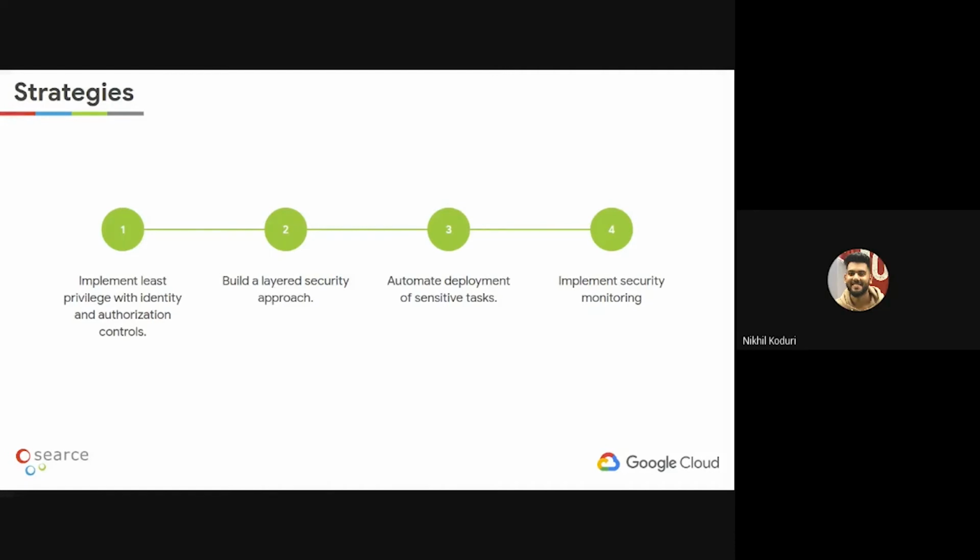You need to have a defense in-depth approach. Any cloud provider, and especially Google Cloud, has its own set of security measures that make them the marvel that they are. But you also have to ensure that you incorporate these security changes and security layers on the application layer itself, as well as the infrastructure level.